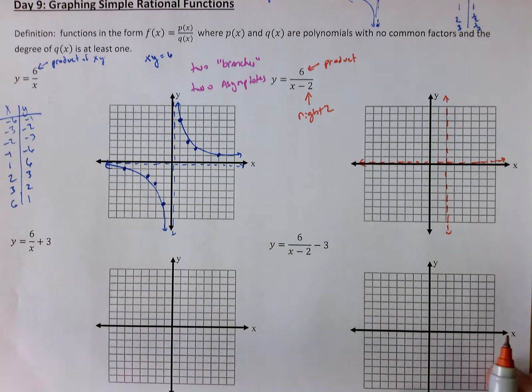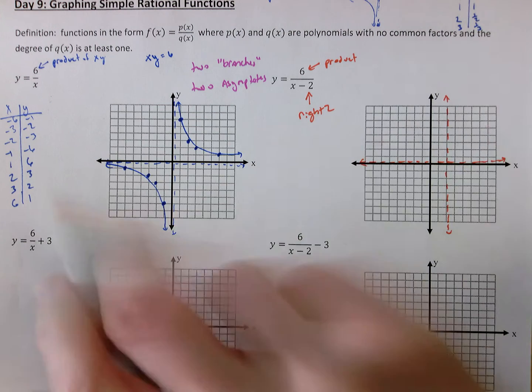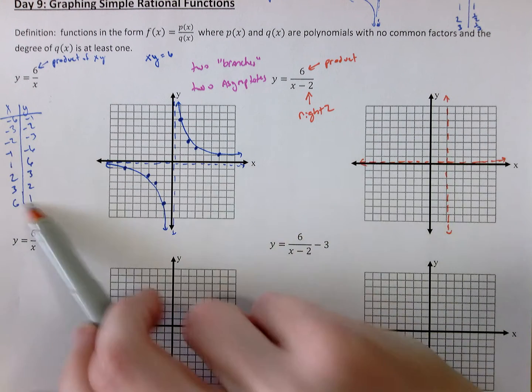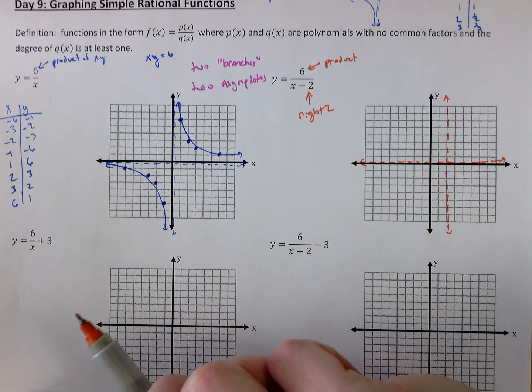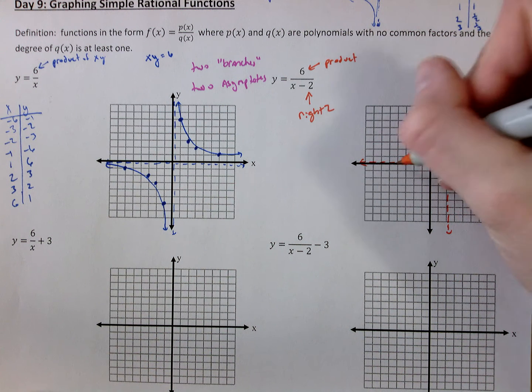And then from there, we can use the same table of values. So things that multiply together to get you 6. So starting from where these two cross each other, we're doing our modified table of values, but using this product of 6. Okay, so starting from here, I'd go over 6, right?